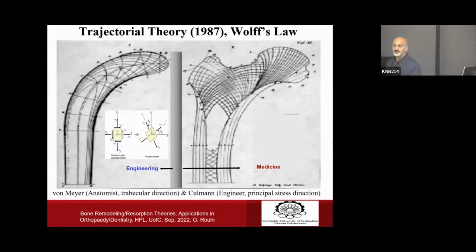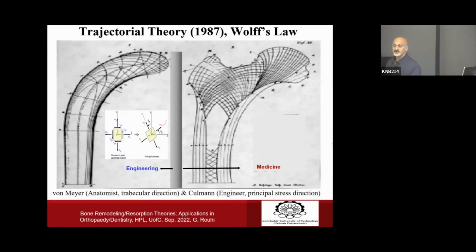If the strain in my bone is in this range, I call it the desired zone. Some people call it the lazy zone. Resorption is equal to formation, so the rate of change of density is 0. If the strain is below this range, resorption is more than formation. If it's above this, formation should be more than resorption.